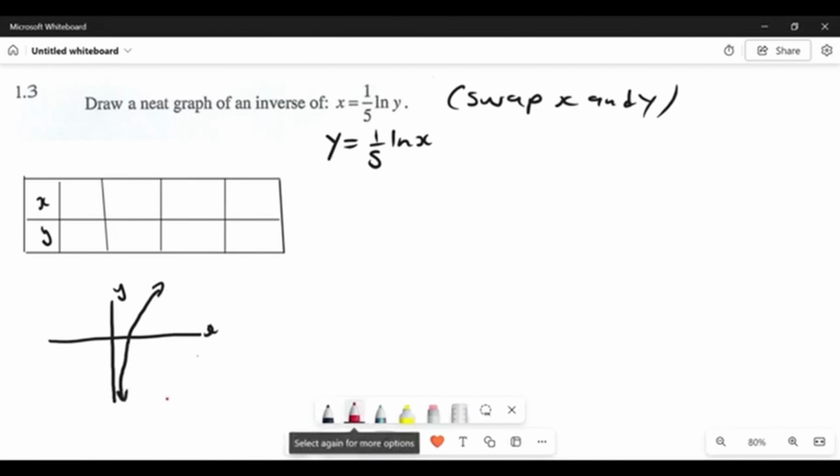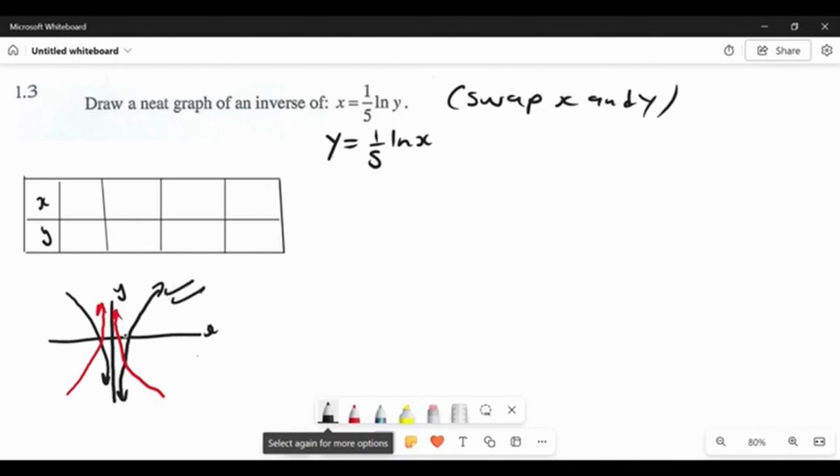Others will look like this, going this way. And then others will be on the other side, and others will be looking this way on the other side. What I'm trying to highlight here is that these log graphs, they never ever touch the y-axis. It means that it asymptotes.